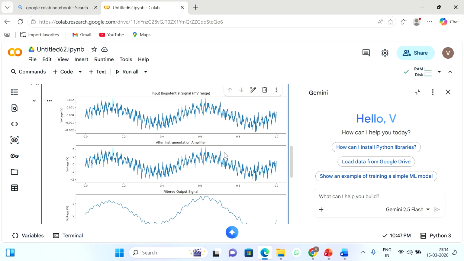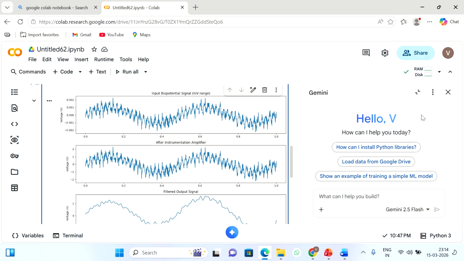So, a one line summary of each stage. ecg_signal gives the original weak signal. Then noise gives random unwanted signal. And then power line gives 50 Hz interference. input_signal therefore becomes a noisy input signal.